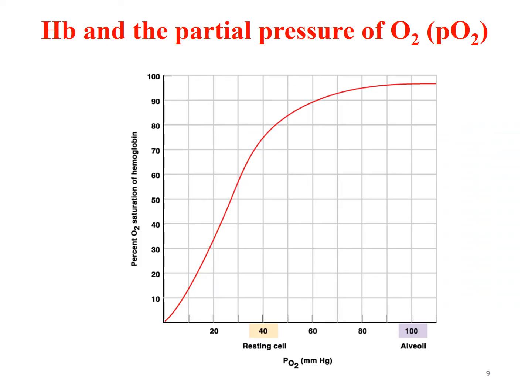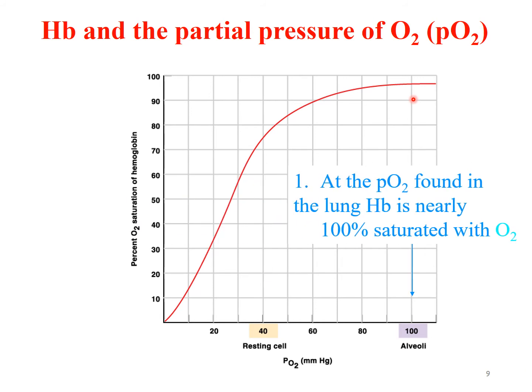Okay, in this diagram, you can see the relationship between the partial pressure of oxygen on the x-axis versus the degree of oxygen saturation of hemoglobin on the y-axis. When the PO2 is almost maximal in your lungs or in your alveoli, which is about 100 millimeters of mercury, you can see that hemoglobin is almost 100% saturated with oxygen.